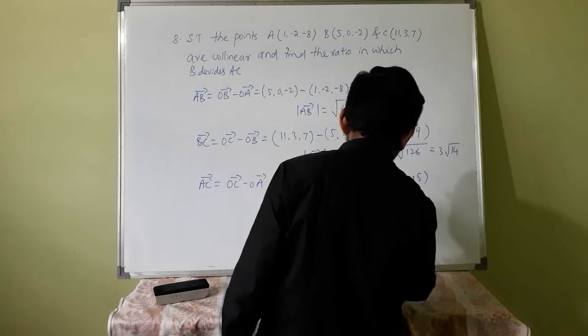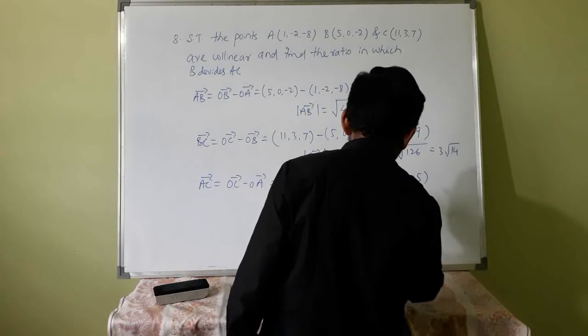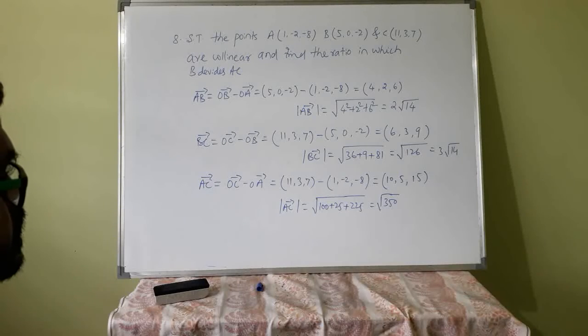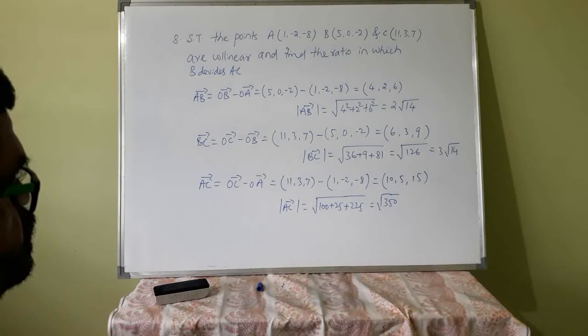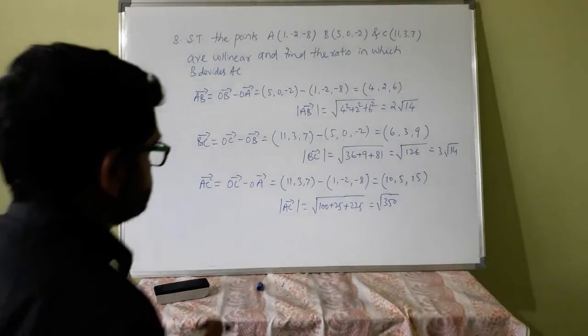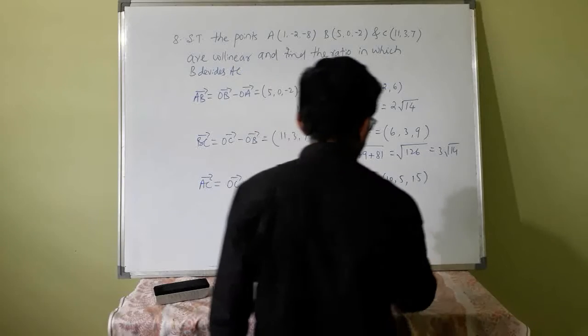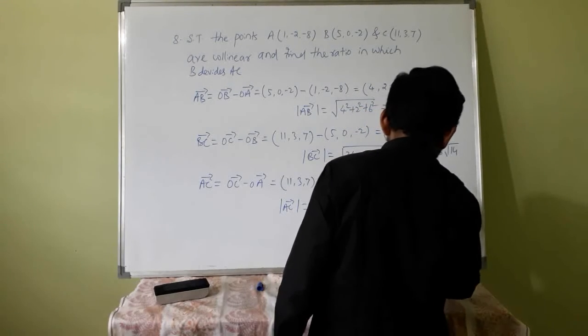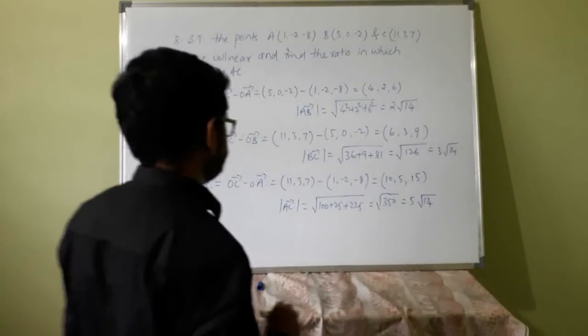Root 350 means how much is it? 25 into 14. 25 times the, yes, that is 5 times root 14.